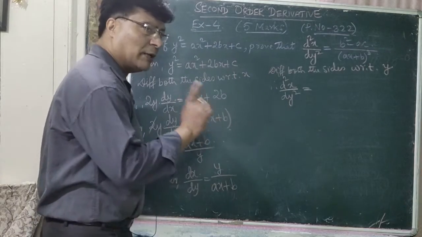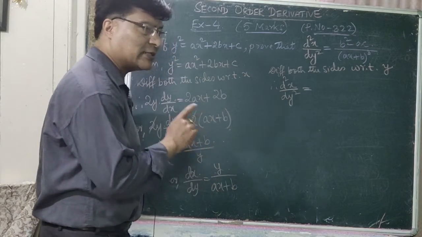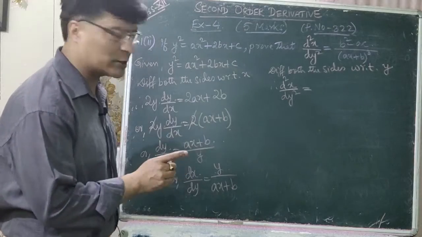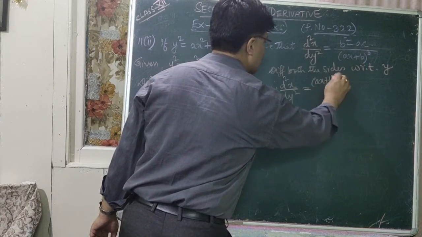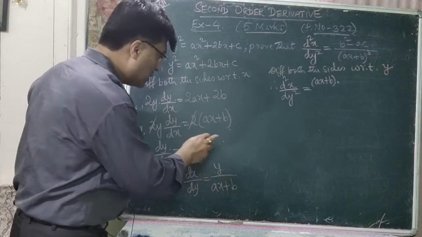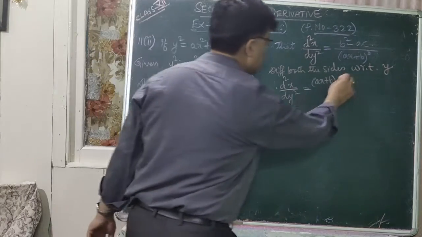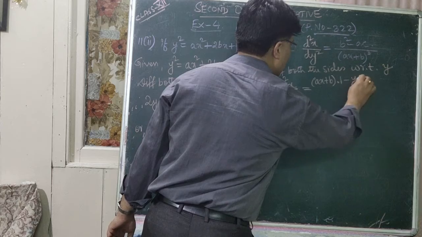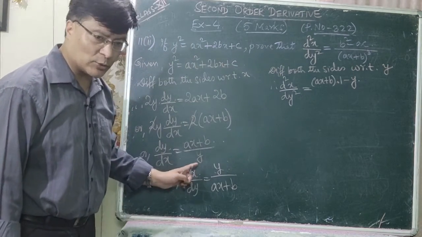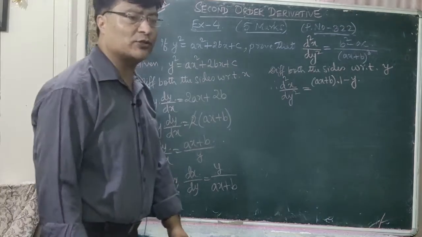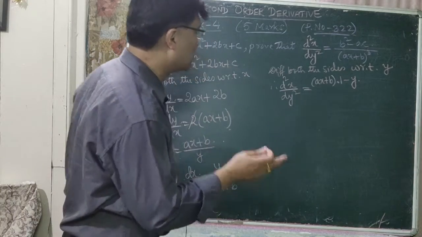Now keeping the denominator as it is, take the differentiation of the numerator with respect to y. So ax plus b is kept as it is into, now differentiate y with respect to y, it is 1, minus y is kept as it is. Now numerator is kept as it is, that is y. Now take the differentiation of the denominator with respect to y.